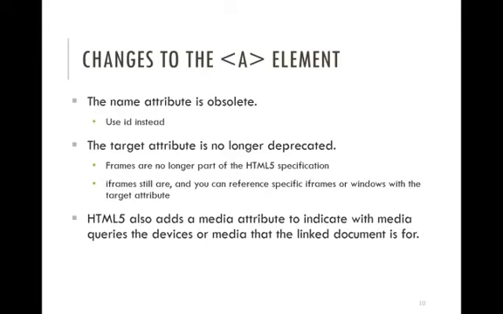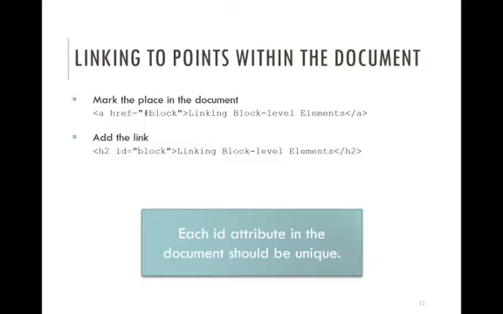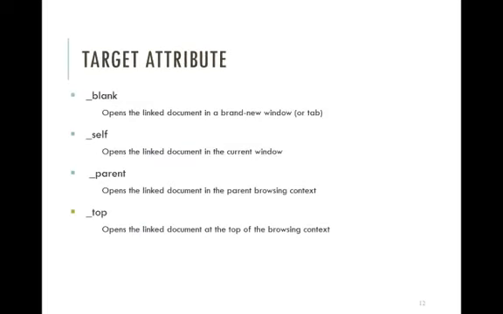HTML5 also adds a media attribute to indicate with media queries the devices or the media that the linked document is for. When using anchors to link to points within the same document, you want to mark the place in the document and also add the link, but you want to make sure that each ID attribute is specific and unique. Here are a few of the target attributes.